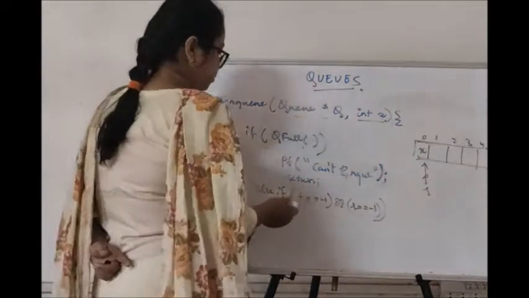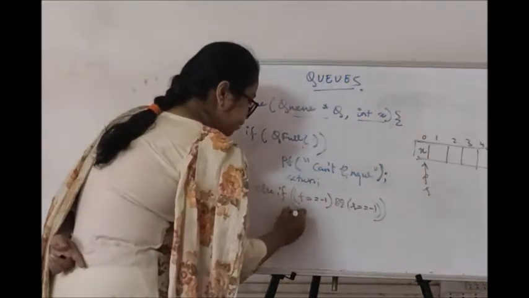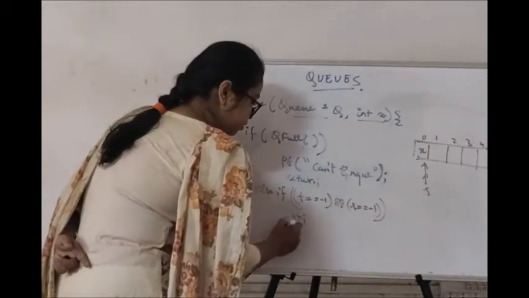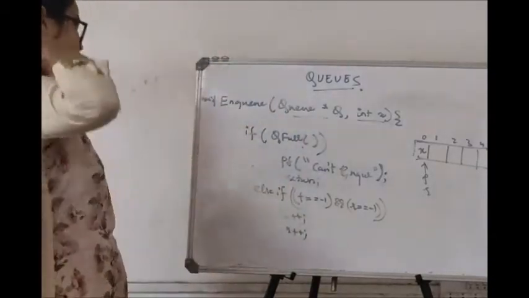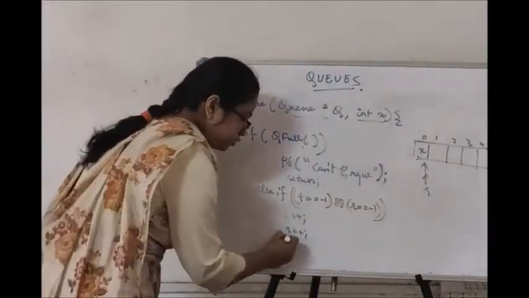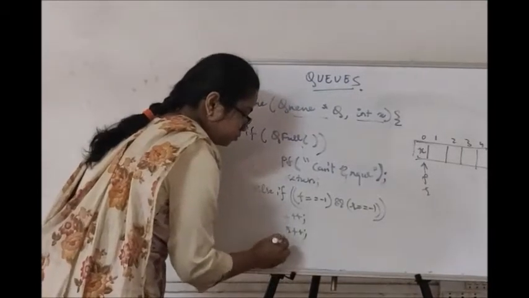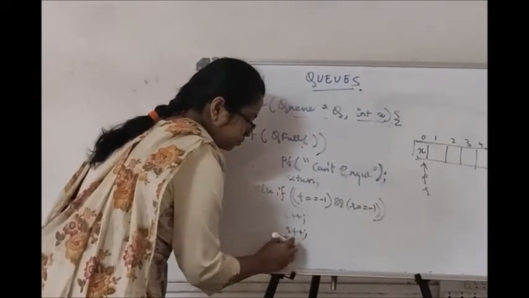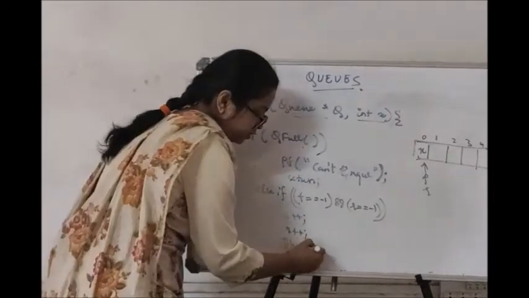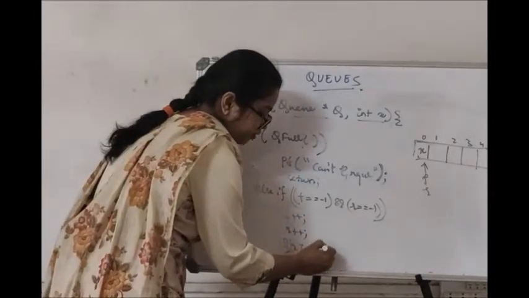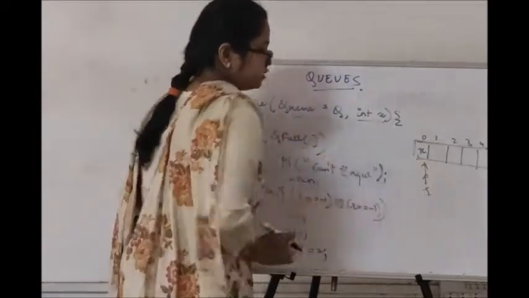We have to increment f plus plus, r plus plus, okay, and Q rear, because insertion has to be from rear end, Q rear equal to x. So we are putting x into it.